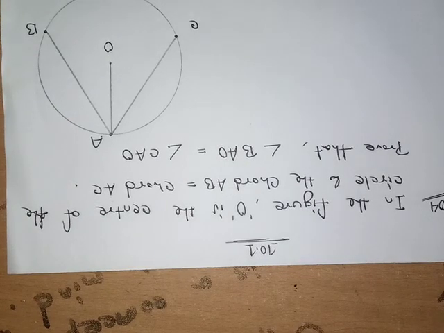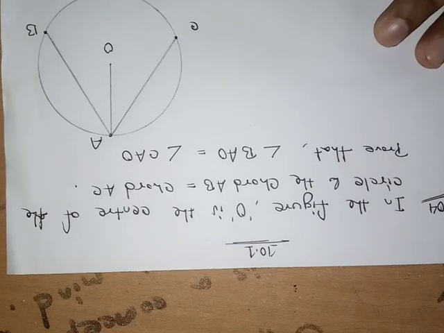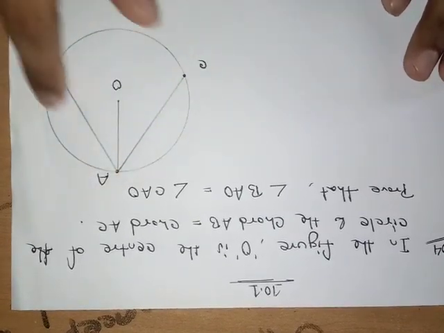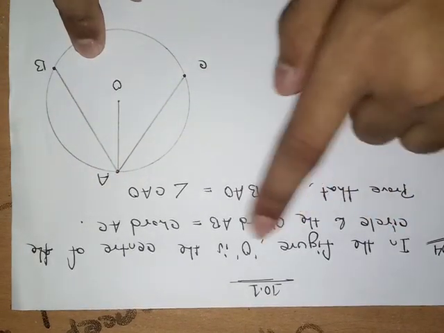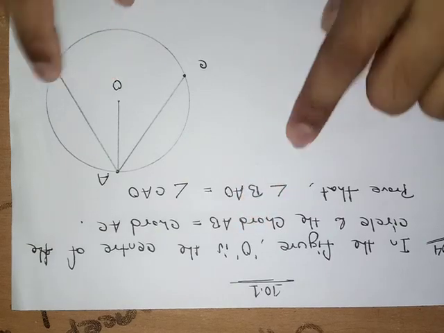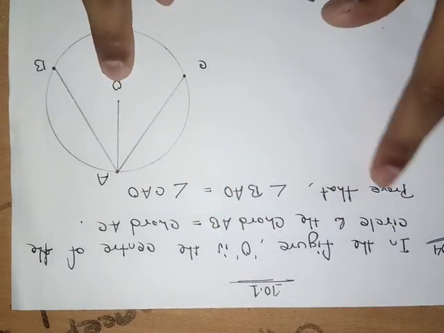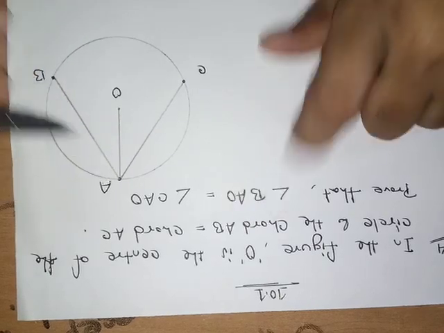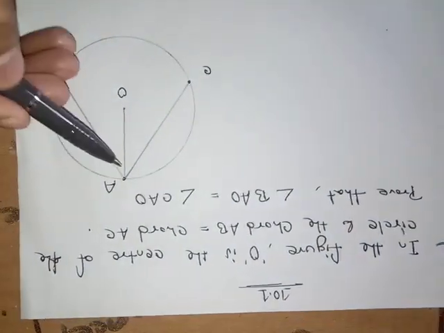The question is, in the figure, this figure is given. O is the center of the circle, and chord AB and chord AC.